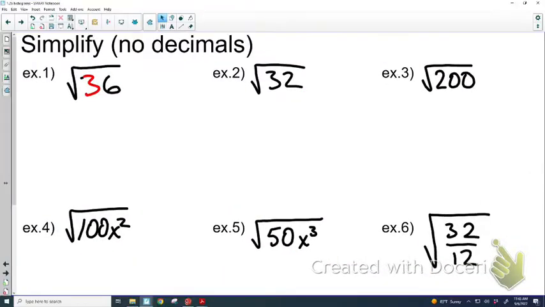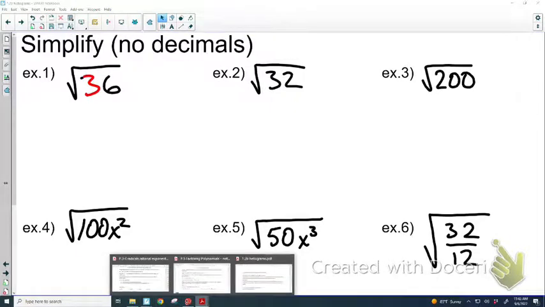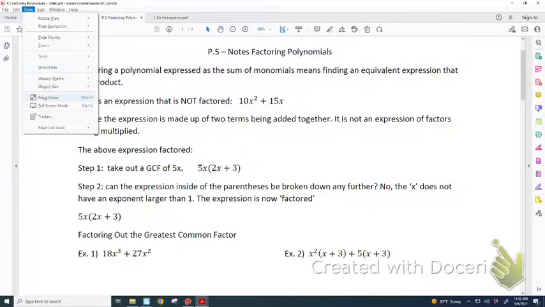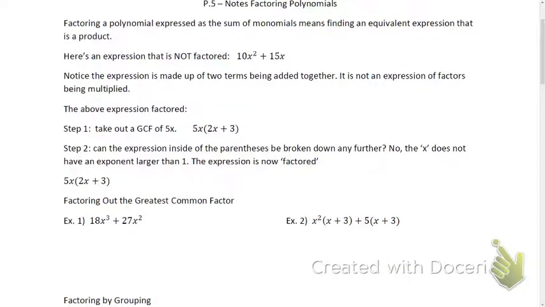Next, we went over how to take out a GCF from a polynomial. So I give you an example up here at the top. If we have 10x squared plus 15, I'm trying to find the biggest number that divides into both 10 and 15, and that's a 5.